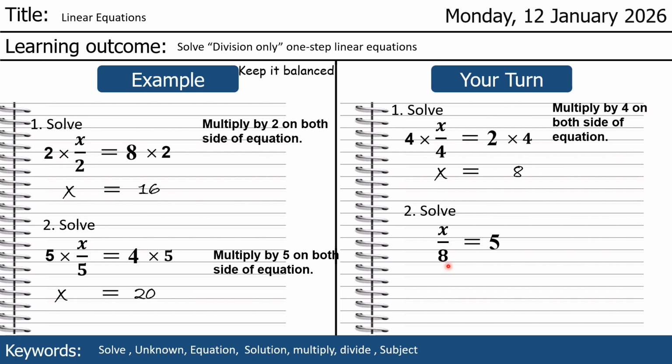And the reverse of dividing by 8 is multiplying by 8. So you multiply the left hand side of the equation by 8, and then you multiply the right hand side of the equation by 8. Always ensure that your equation remains balanced. So therefore your x will be equal to 40.